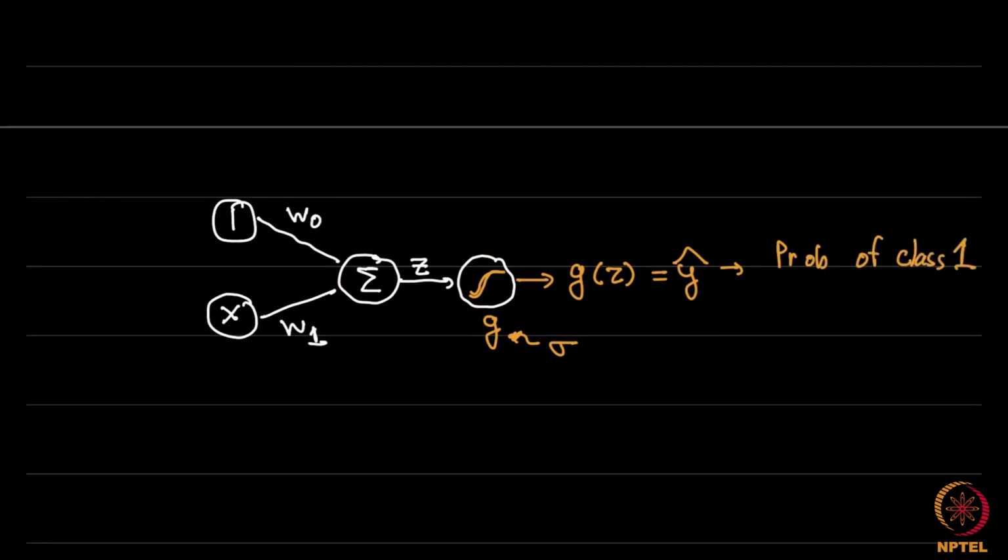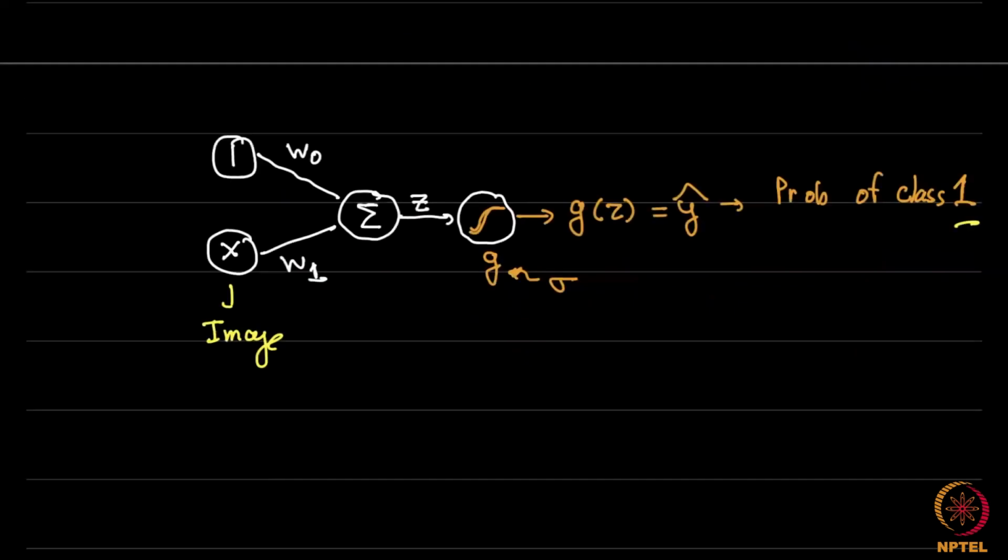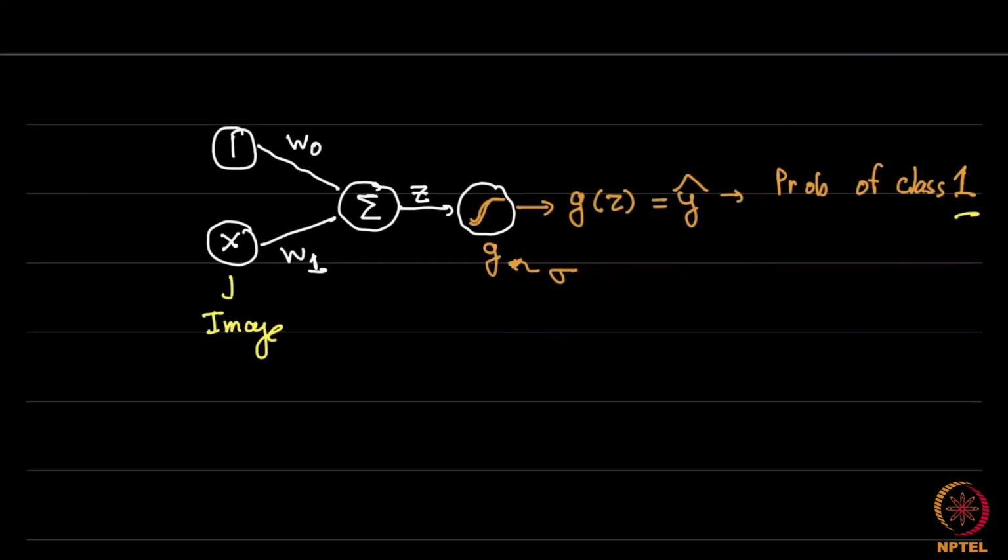In case what goes in here as X is an image, then maybe class 1 is a cat. Then an image comes in, you put a sigmoid, and it will tell you whether this image is a cat or a dog. So that's the simple example of how you build a forward model with just a single variable. Now, this, of course, is the pictorial or the graphical representation of the model.